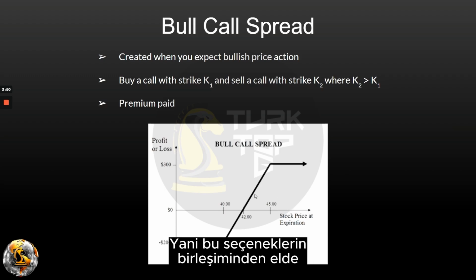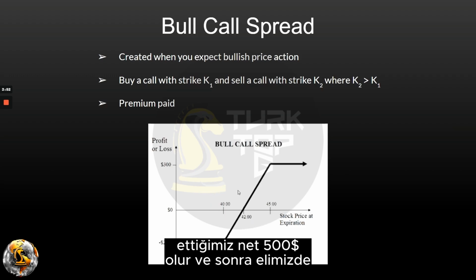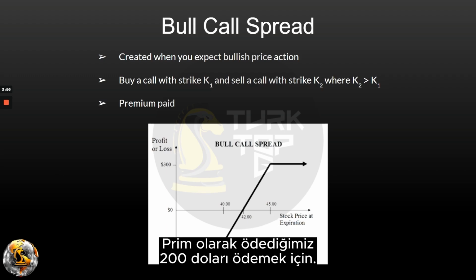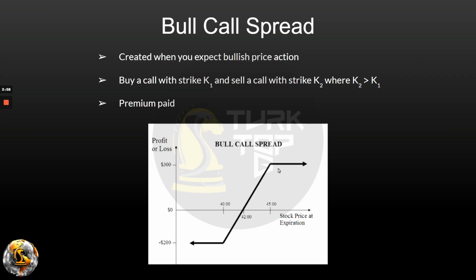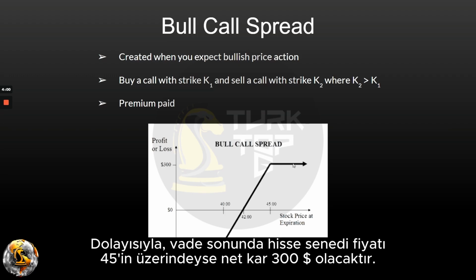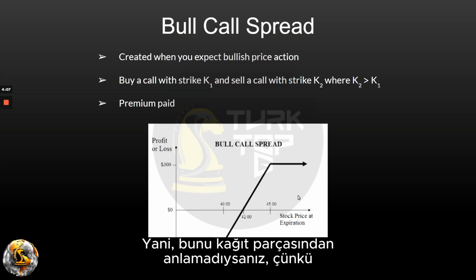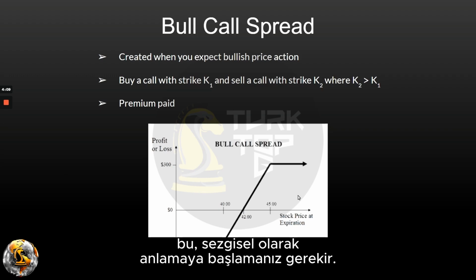So the net that we make from the combo of these options would be $500, and then we have to pay off the $200 that we paid in premium. So the net profit would be $300 if the stock price on expiration is above 45. If you guys didn't get that, write it down on a piece of paper because this you need to start to understand intuitively.